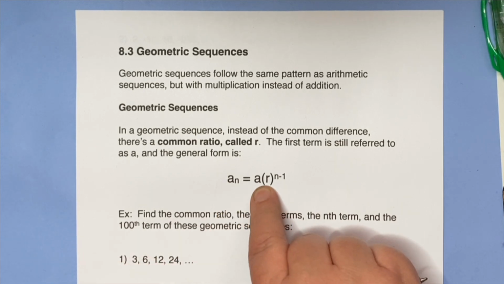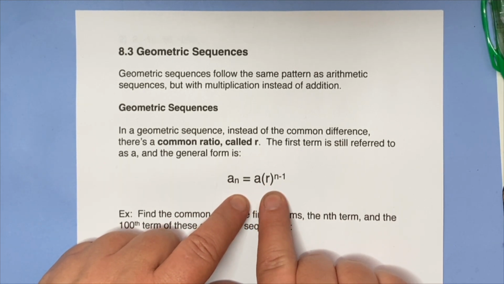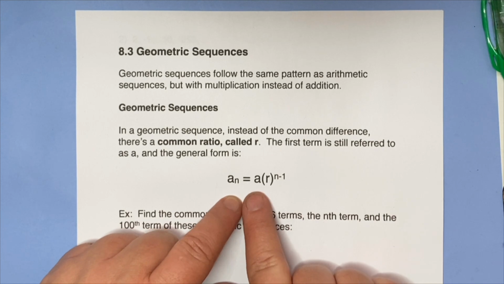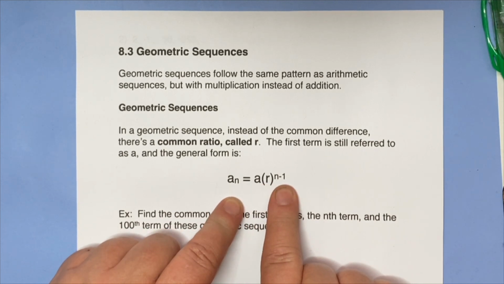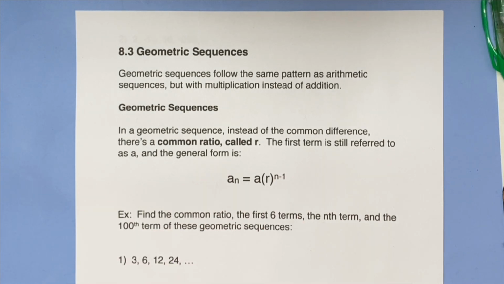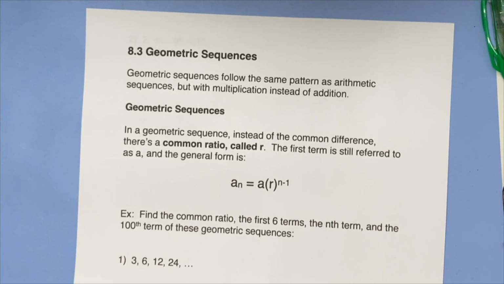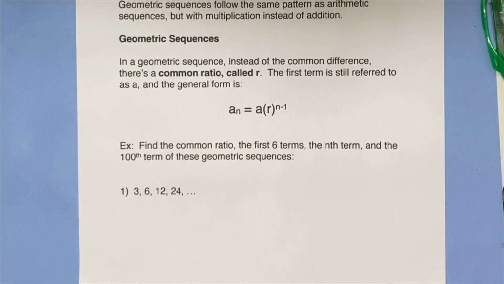So instead of A plus D, we've got A times R. We still have the n minus 1, but now that is an exponent as opposed to a factor. So let's take a look at an example and see what I'm even talking about.